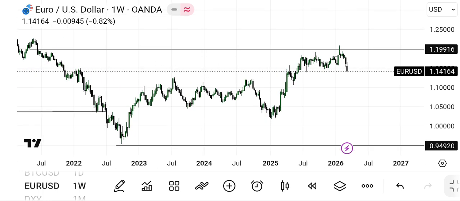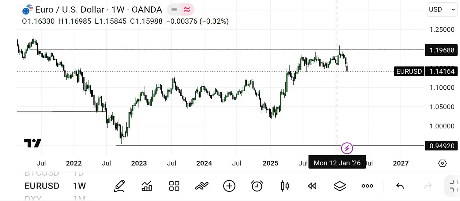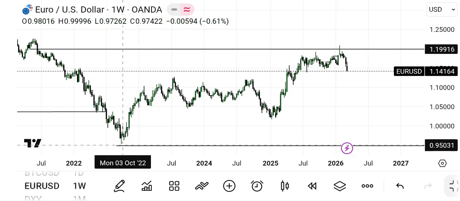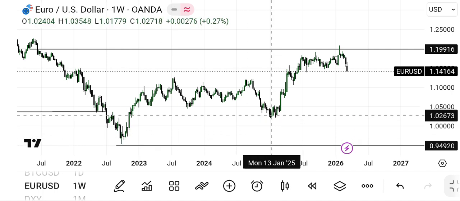Here you have a high at 1.19688. That is the high on the 1 week time frame, and we have a low on Monday October, which is 0.95, which is currently going to be the next draw on liquidity for EURUSD.